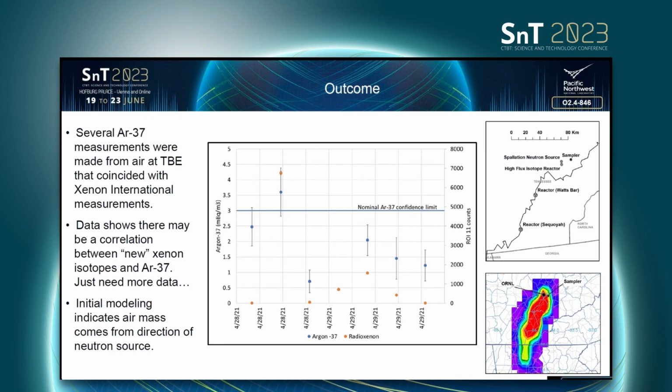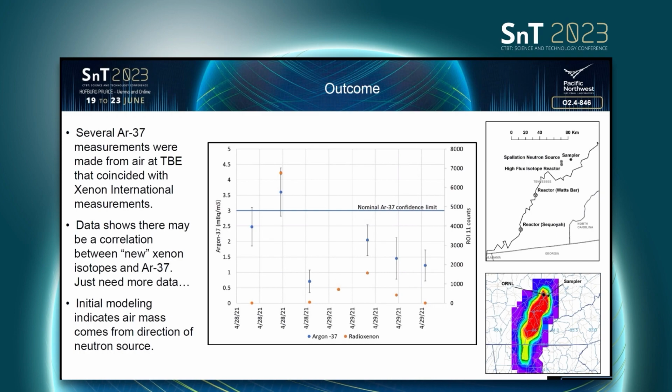And what I can say is that, okay, if you really squint, you can maybe see a little bit of correlation. Okay, so there's not a lot here. It's below the detection limit of argon in a sense. But the red dots are that region 11 that are the anomalous radioxenons.